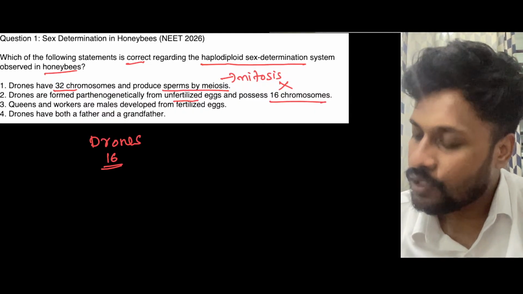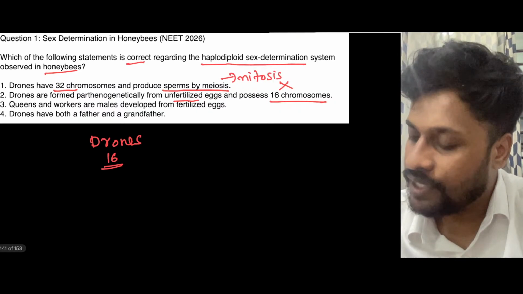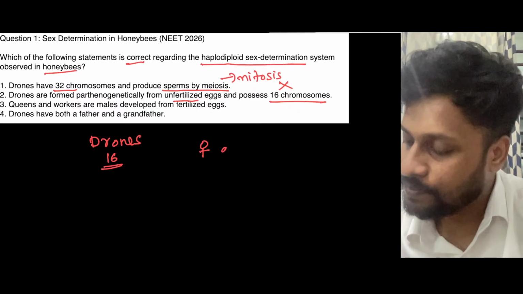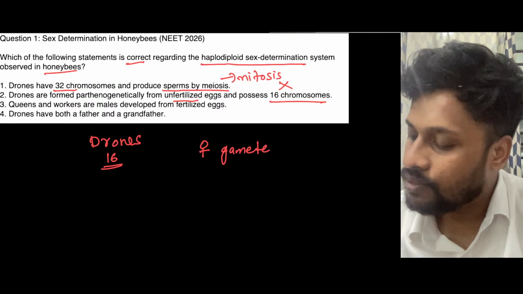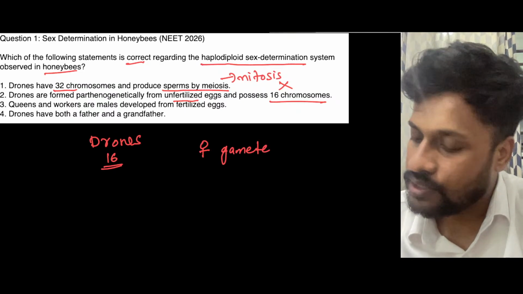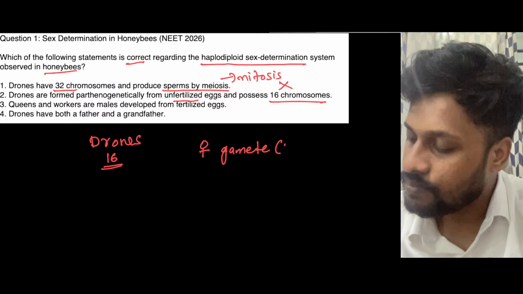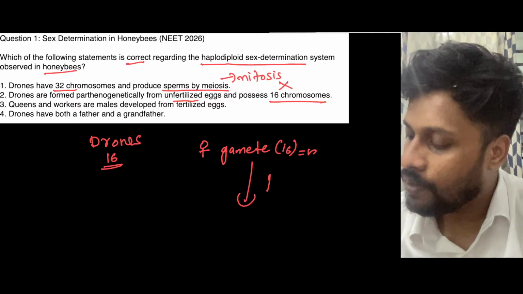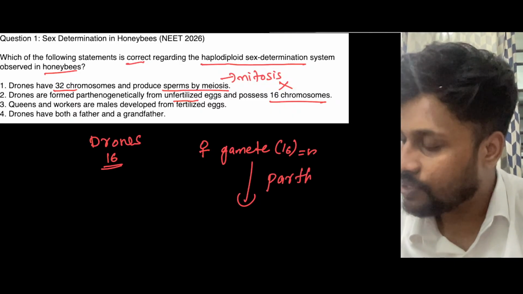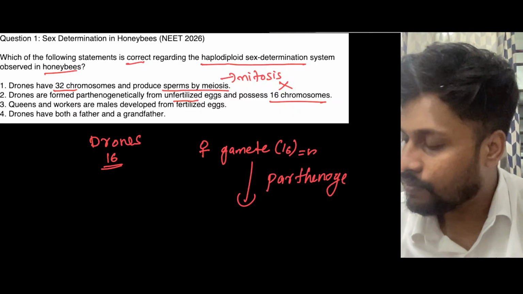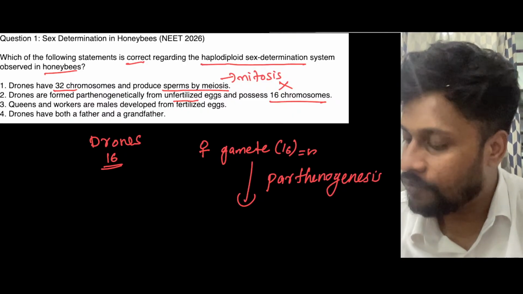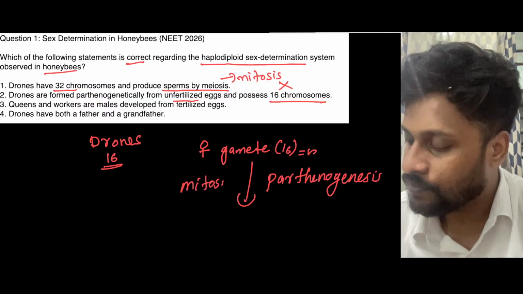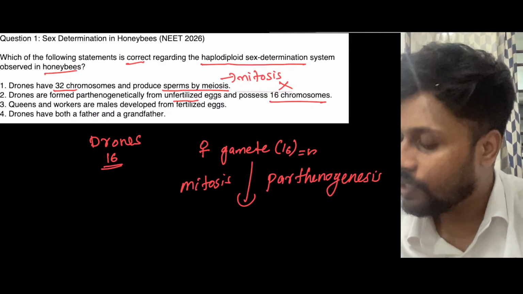So, you know that if there is a female gamete with 16 chromosome, which is N, it will undergo parthenogenesis. Means here there will be mitosis and they will be producing drone.